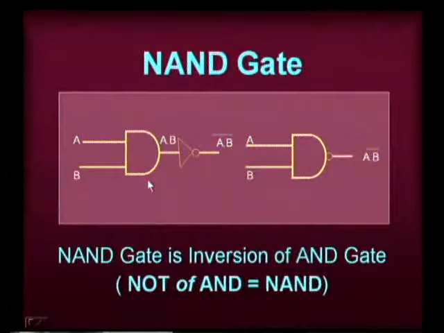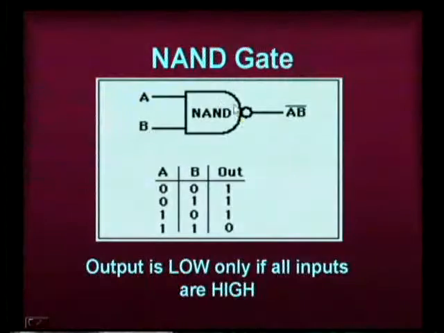NOT of AND is NAND gate. So, this is one of the two important gates, NAND gate and NOR gate. The symbol of NAND gate is an AND gate followed by a bubble.